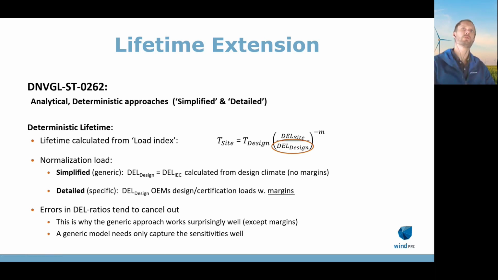So if we wanted to use a generic model to predict the absolute load levels, we might have errors on the order of 30%. But it turns out that these errors will be very close to the same when you apply it to the design climate, so they will cancel out. And very often you can see a very high accuracy from using generic turbine models for this reason. I just wanted to emphasize this, because it might seem a little magic that you can use a different load model to calculate loads.